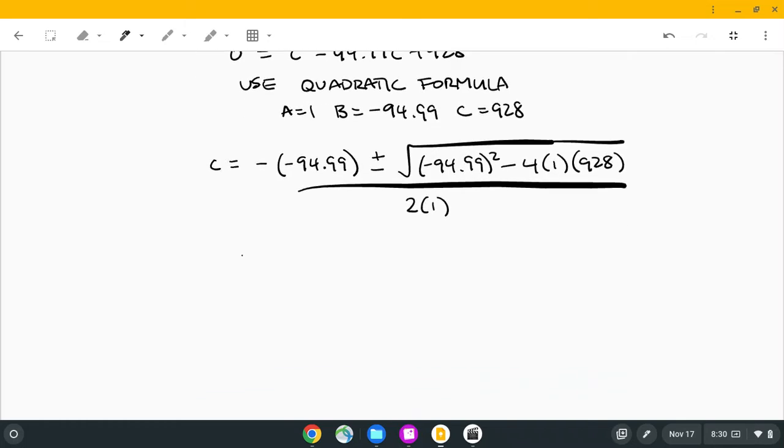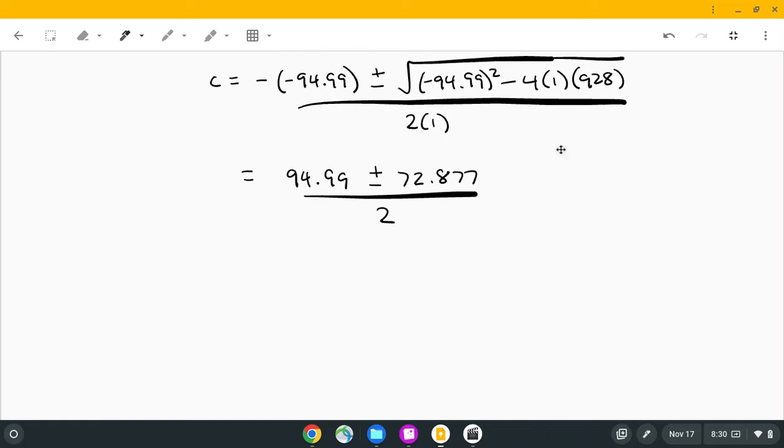All right, so when you punch this all in, you get 94.99 plus or minus the square root of, actually, let's do the square root as well. So punching this into your calculator and taking the square root, we end up with 72.877 all over 2.